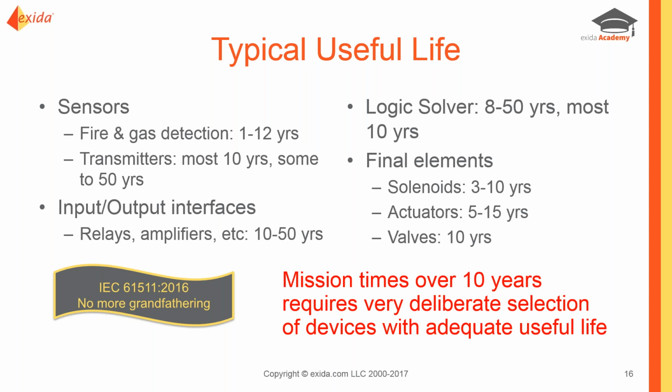If you want mission times over a 10-year time frame, because so many components have a useful life of 10 years, it requires very deliberate selection to get the devices that will give you an adequate useful life to support that longer mission time. It has to be a cost balance as to whether you pick and choose just that minority that will give you a much longer mission time, or live with a shorter mission time and set up your maintenance and testing plan appropriately.